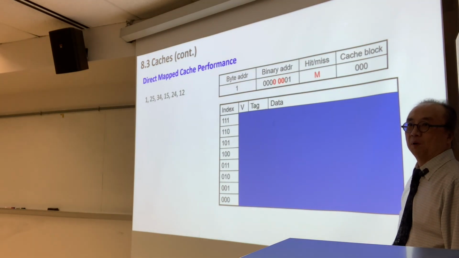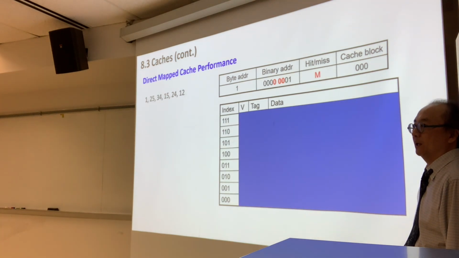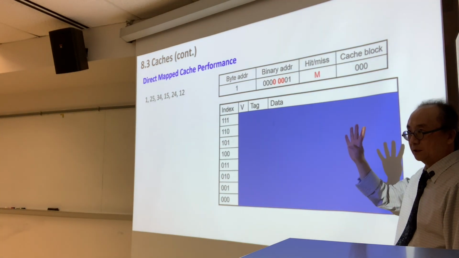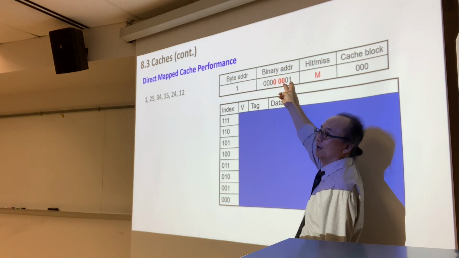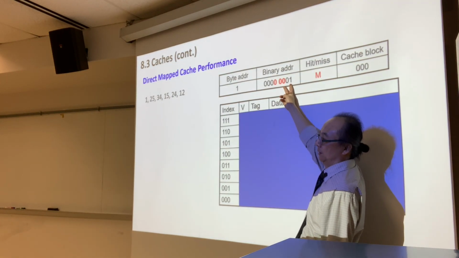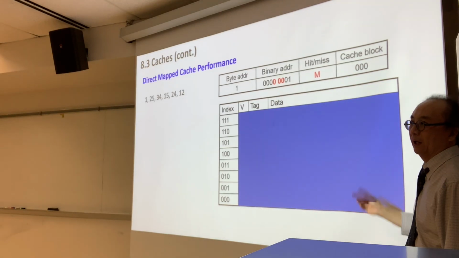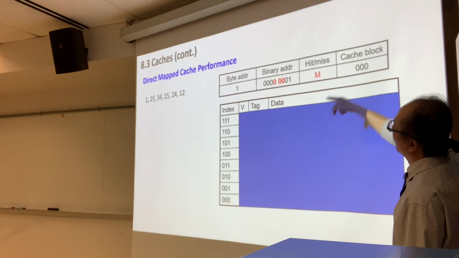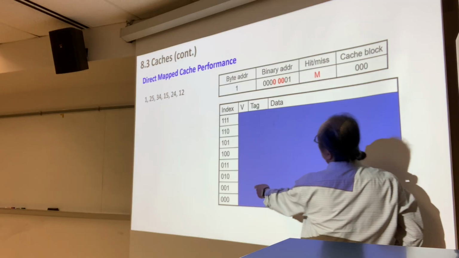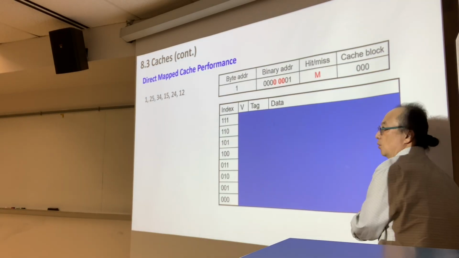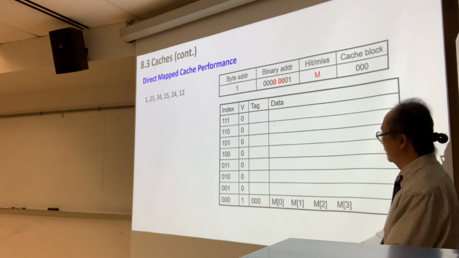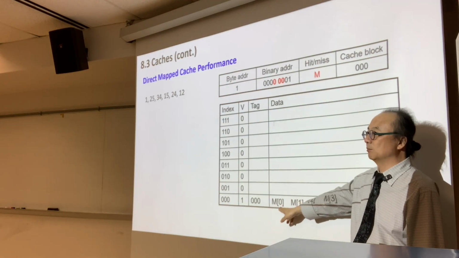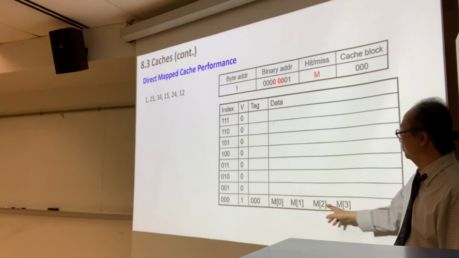Since the block size is one word, how many bytes? 4 bytes. Therefore, we need 2 binary digits dedicated to which byte. So now, this is 1, and we're going to put it into index 0, 0, 0, where the byte location is 0, 1. I need to bring my buddies 0, 2, and 3.